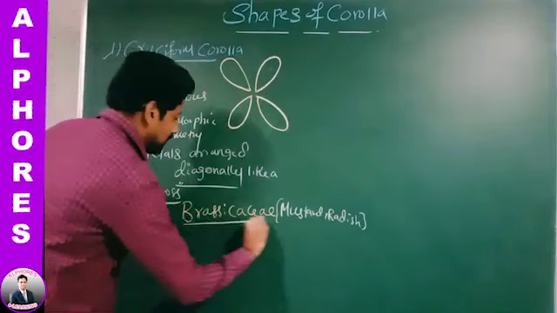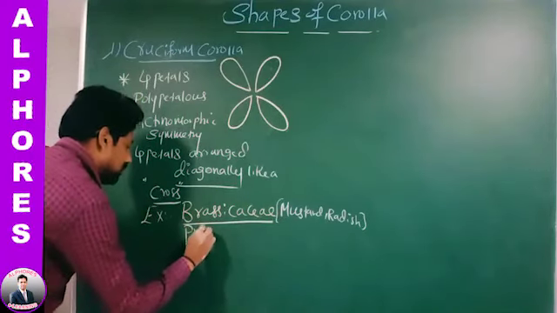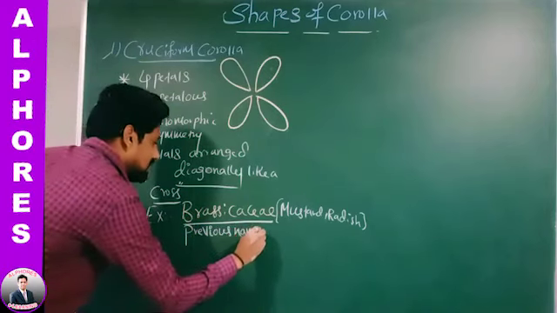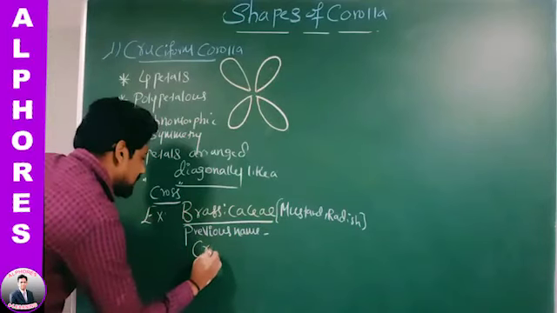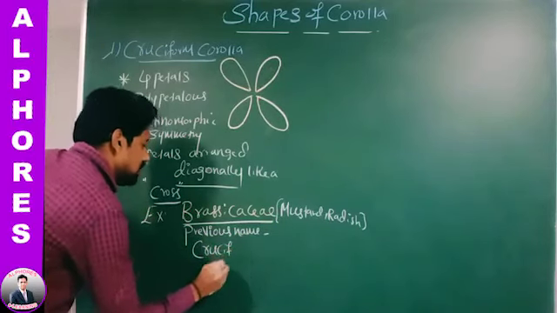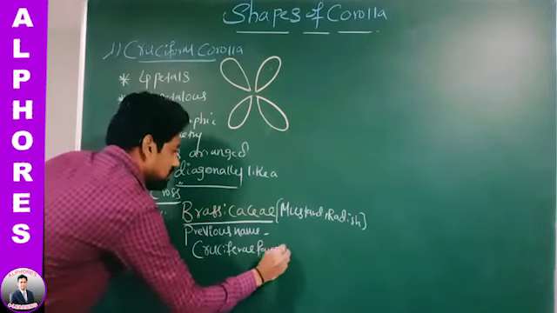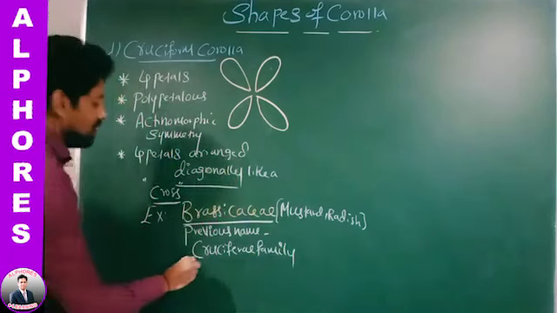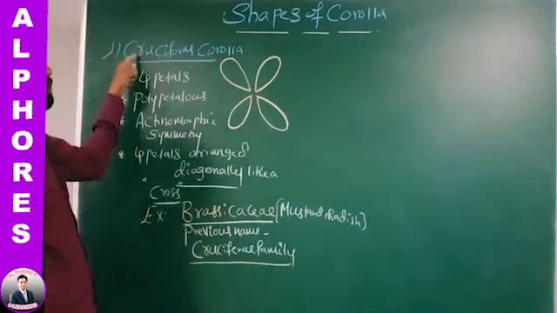What is the previous name of the Brassicaceae family? Cruciferae family. Why did it get this name, Cruciferae? Due to the presence of cruciform corolla.